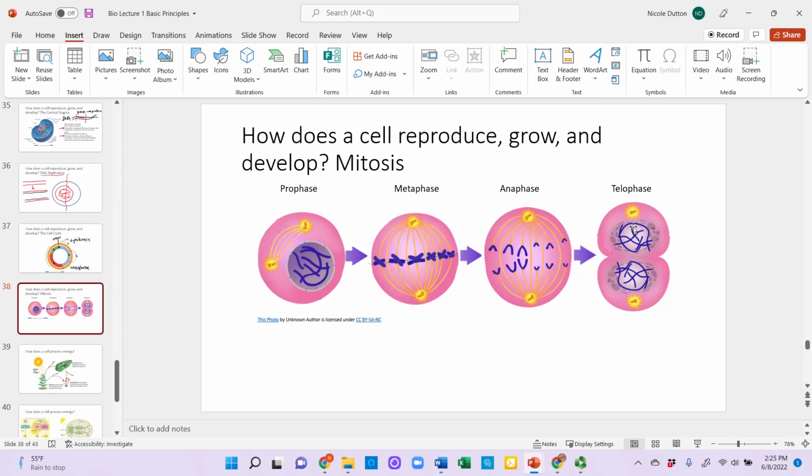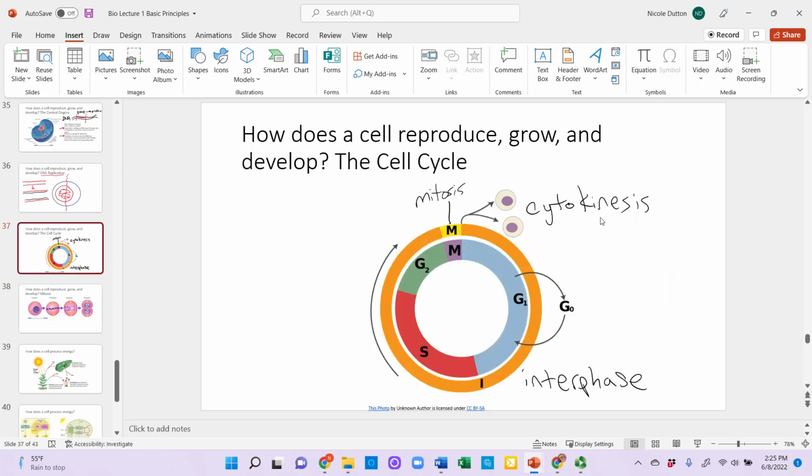Then we enter into telophase. And telophase, new nuclear envelopes form around the separated chromosomes. Following that, we have cytokinesis, which is the splitting of the cytoplasm. So that's what finishes up dividing the cells into two separate cells. And cytokinesis happens after mitosis. So in general, that's how cells are going to reproduce, grow, and develop.